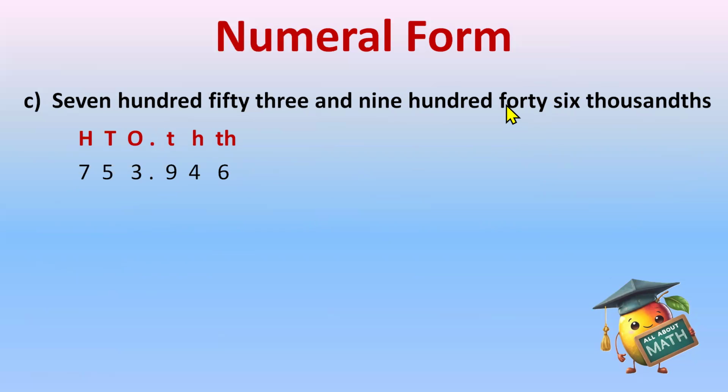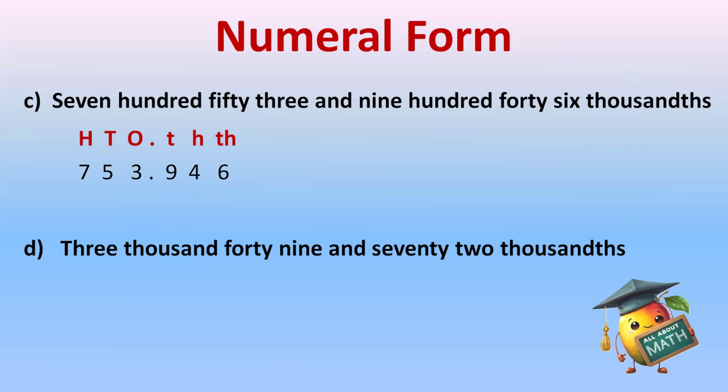Now we got our answer. You will not write 9 under 100 because it's one hundredth, it's not hundreds. Remember this. So 753.946. 6 will come under thousandths, that we are very sure. So before that 4 will come, and before 4, 9 will come. So it's easy. 946 thousandths.